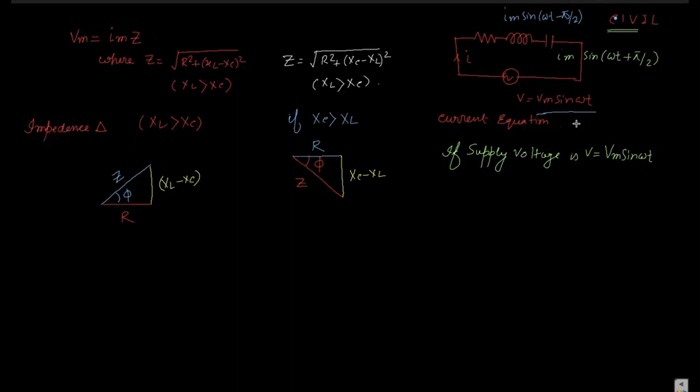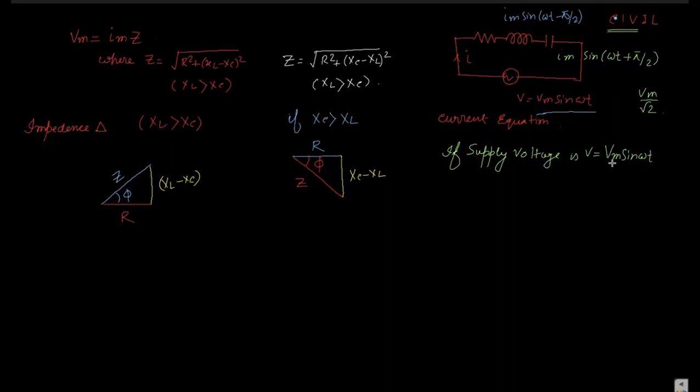So always this V is smaller than Vm, because V is nothing but Vm by root 2. So this V is in small letter, and this V is in capital letter. This is how we can express the voltage and the current expressions.